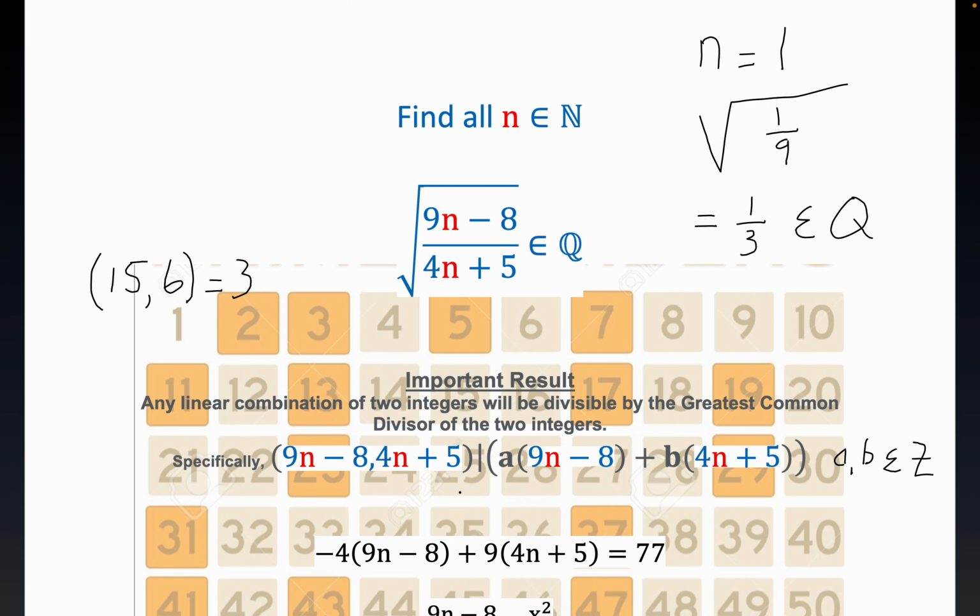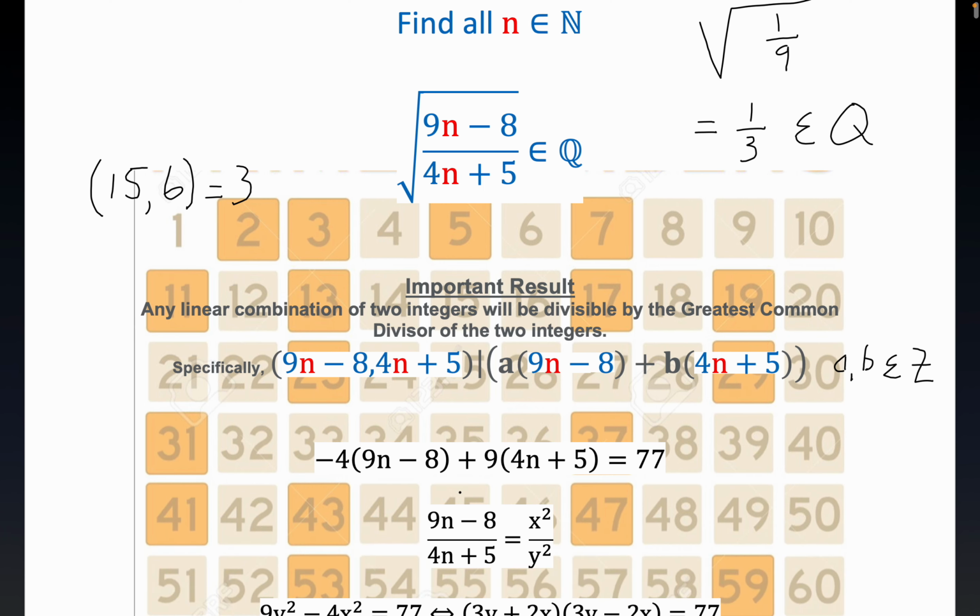And that turns out to be very, very useful because we can do a quick calculation and notice that if you multiply this first expression by -4 and the second expression by 9, in sum, the n's cancel out. We end up with 77.